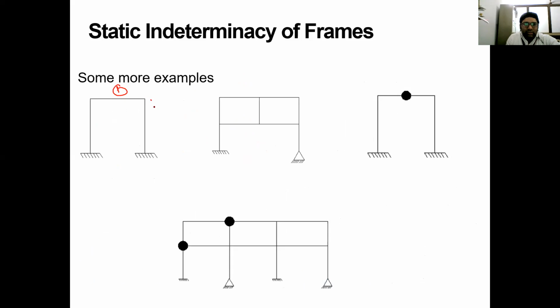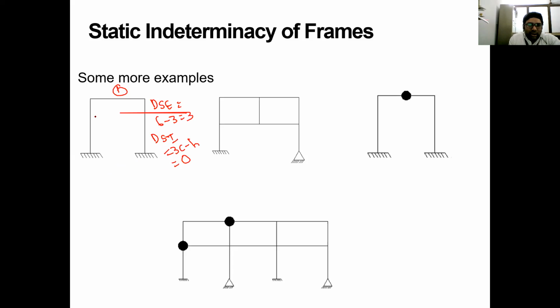First problem. What is DSE? Yes, 6 minus 3 is equal to 3. DSI. How much is DSI? DSI is equal to 3C minus H. Any closed box here? Do we have any closed box here? No, 0.